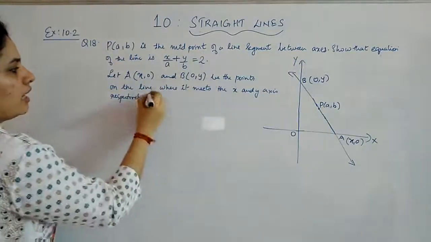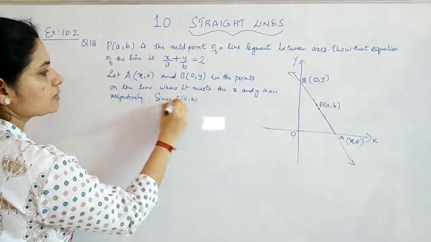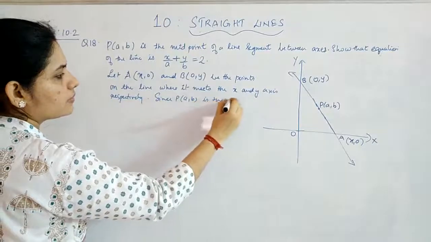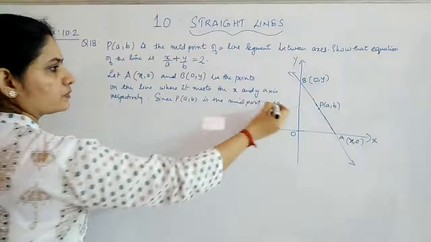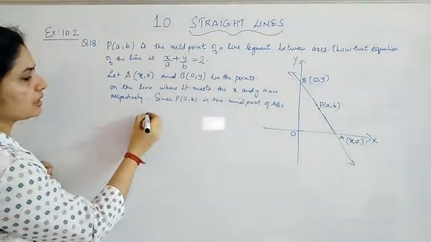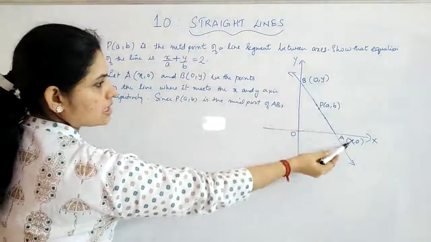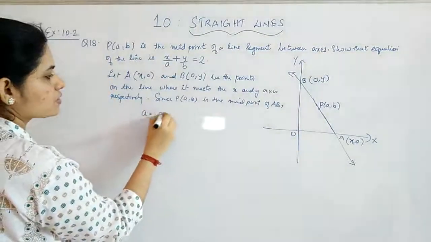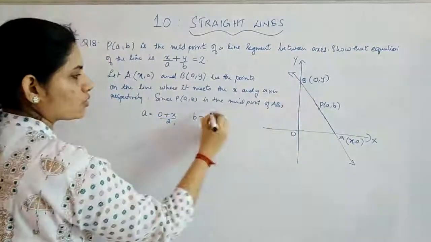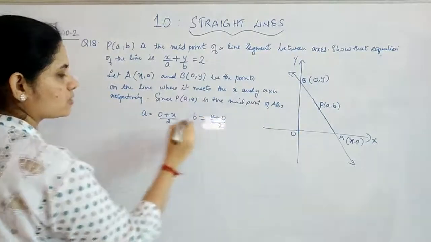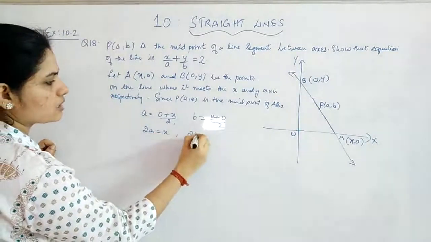Since P(a, b) is the midpoint of AB, you can use the midpoint formula. That means a is equal to (0 + x)/2, and b, the second coordinate, will be (y + 0)/2. That means you are getting 2a = x and 2b = y.